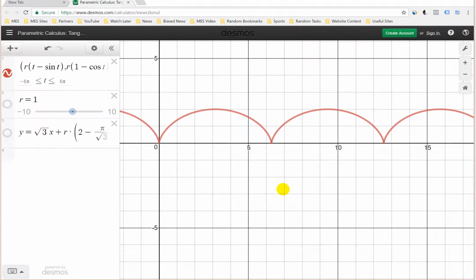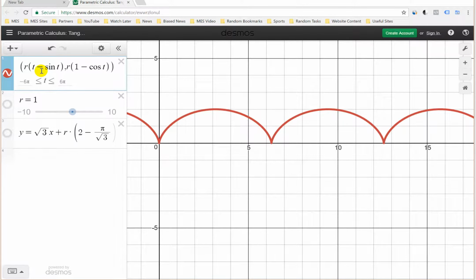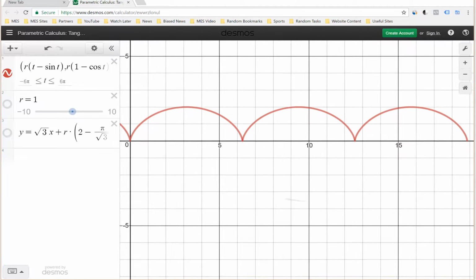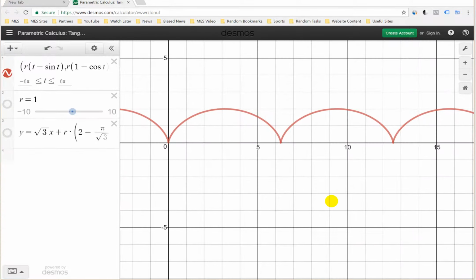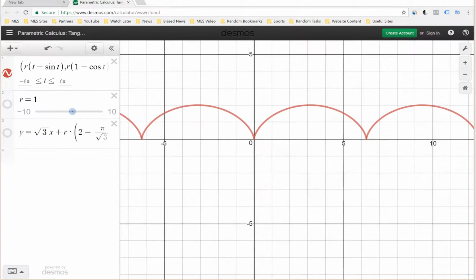So we have this curve here, and I have chosen r as this. Just like always, I can't put the theta symbol in here, so I just put t instead, and this one's from -6 pi to 6 pi. We get a cycloid curve like that, where r is 1 here.